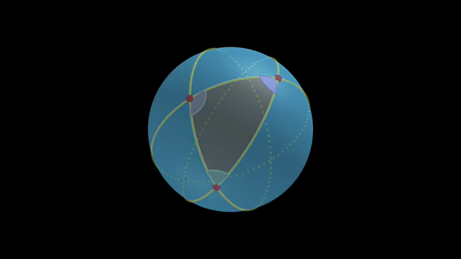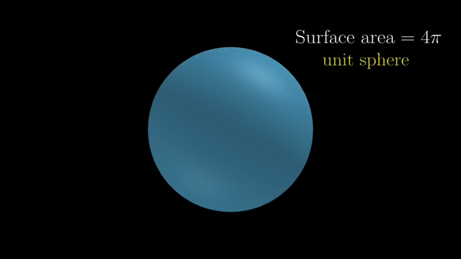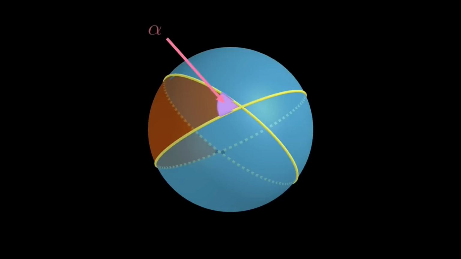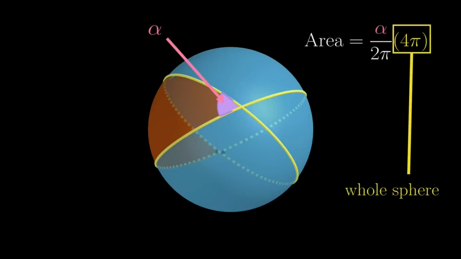We start off with just the surface area of the entire sphere, and I'm going to assume that you probably know that the surface area is 4 pi for a unit sphere. Now consider the area enclosed by two great circles. If the angle made between these two great circles is alpha, then we can expect the area enclosed is computed like this. 4 pi is the area of the whole sphere, and alpha over 2 pi is the proportion of the angle occupied.